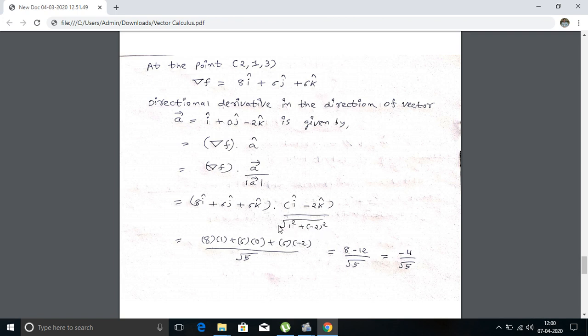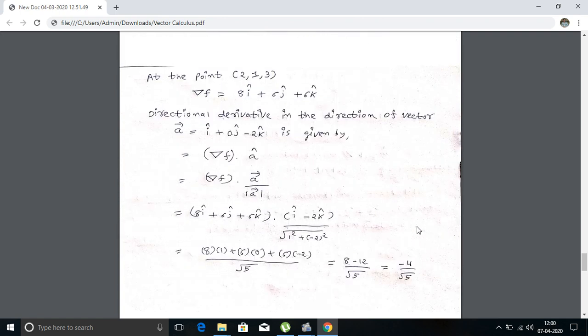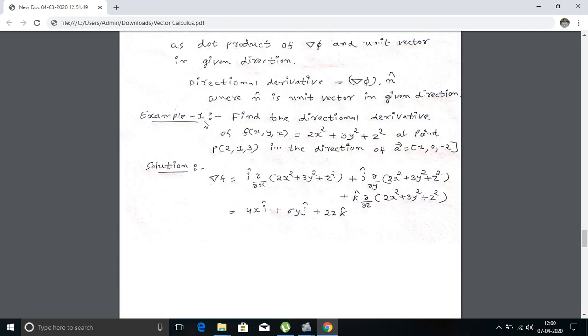Now you know how to find the dot product of two vectors: a1 b1 plus a2 b2 plus a3 b3. So here a1 is 8, b1 is 1, so 8 into 1, plus a2 is 6, b2 is 0, so 6 into 0, plus a3 is 6 and b3 is minus 2, so 6 into minus 2. The final answer is 8 minus 12 divided by root 5, so it is minus 4 divided by root 5. This is our answer for example number 1.